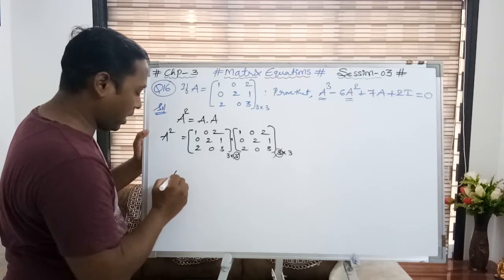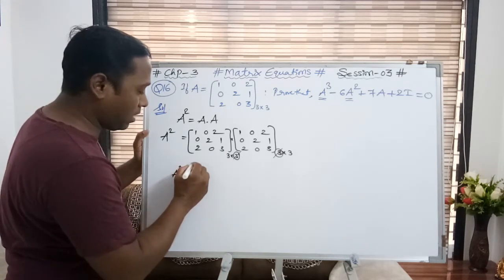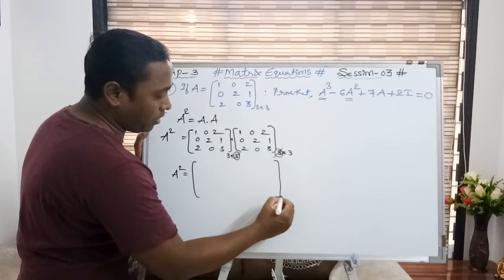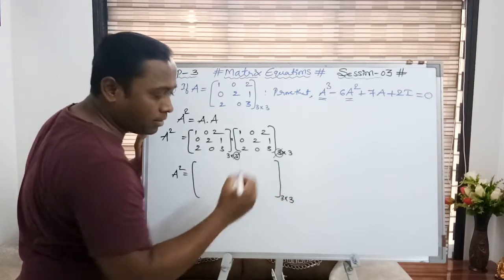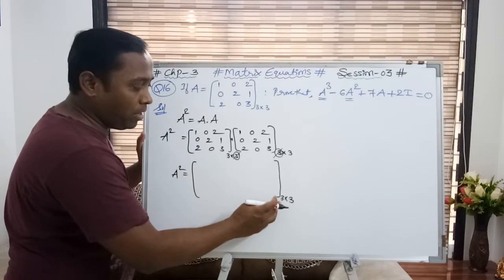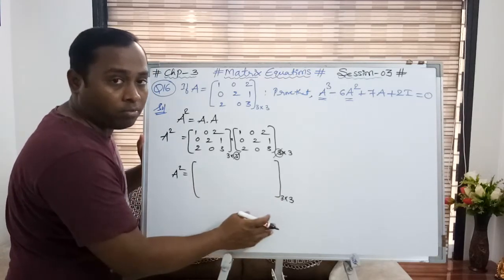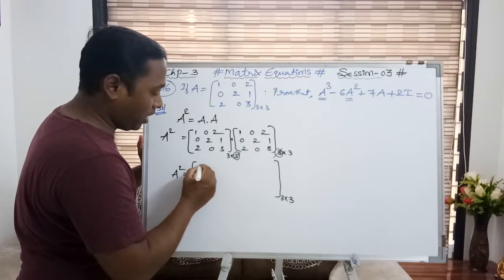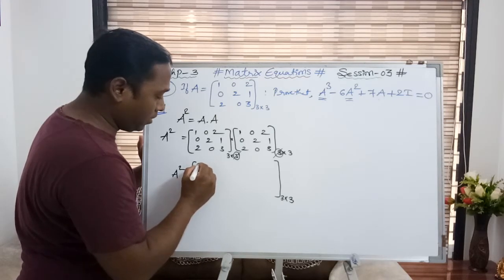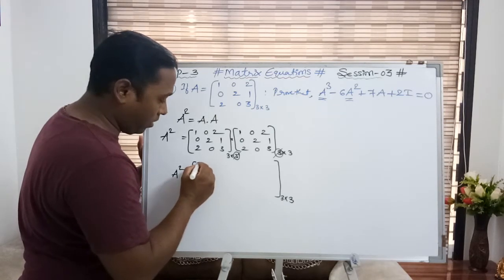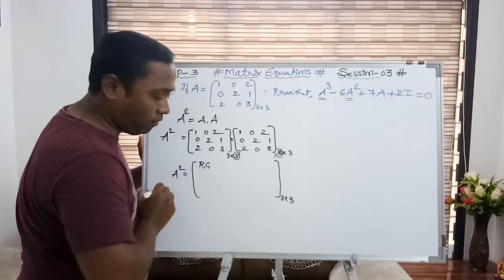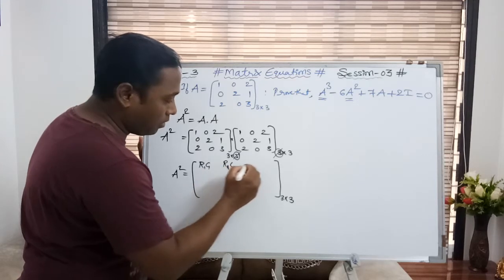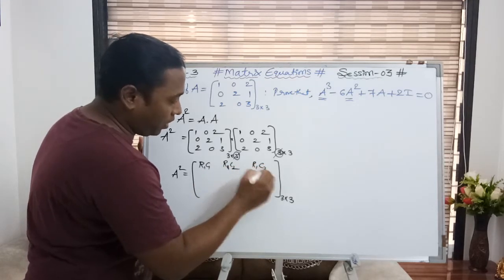So first I am writing the resultant matrix order. The order of the resultant matrix is 3 by 3. 3 by 3 means 3 rows and 3 columns, means total 9 elements. So the first element would be treated as A11. It means row 1 column 1 element, row 1 column 2 element, row 1 column 3 element.